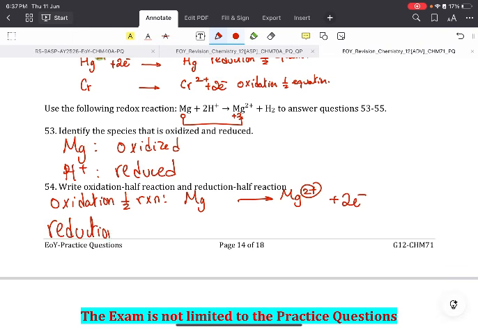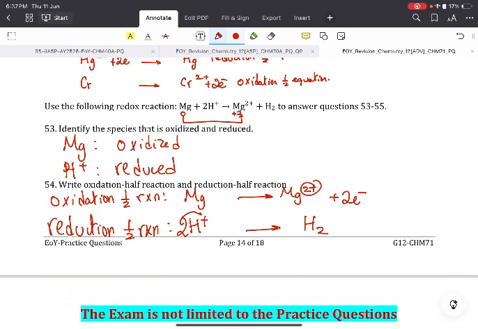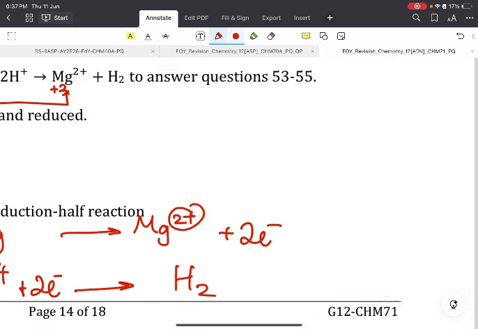The reduction half reaction is H plus giving H2. Now be careful, I have 2 hydrogens, so I'm gonna write 2H plus. I'm just explaining this just in case in the exam they didn't put the 2 here for you. So now this is 2 plus, I'm gonna add 2 electrons.